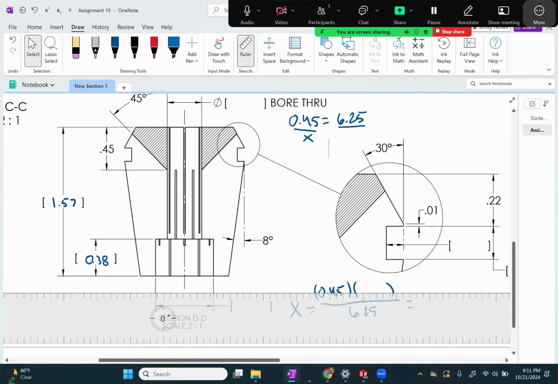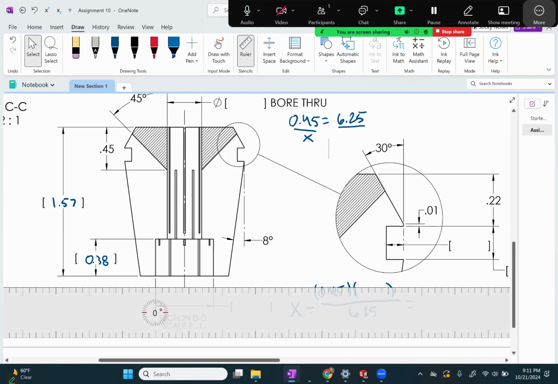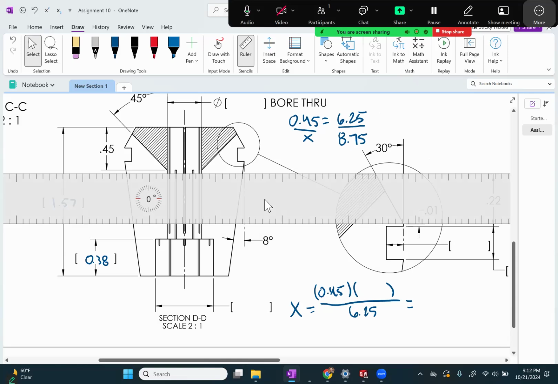Now let's take a measurement of these lines, this dimension. So again, 1, 2, 3, 4, 5. Every fifth tick is a slightly longer line. So 6, 7, 8, 8 3/4 is my guess. So for this value, let's use 8 3/4 and move this out of the way.